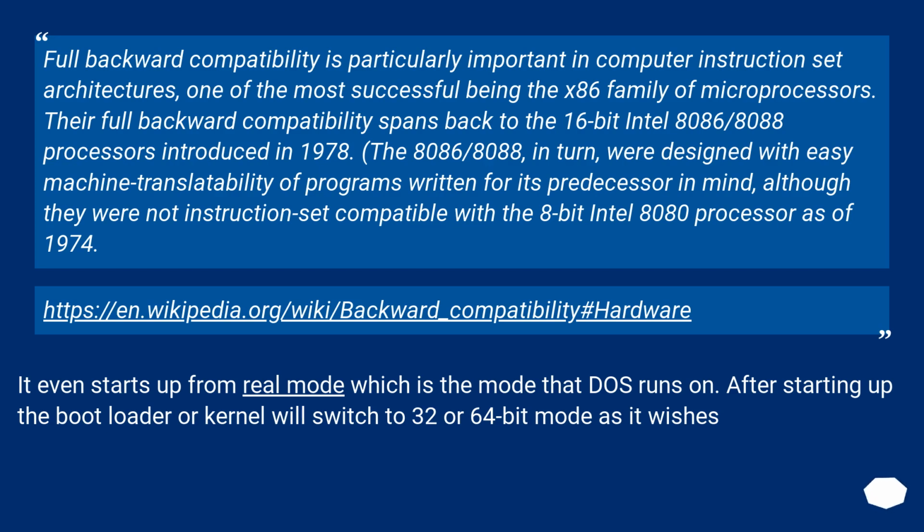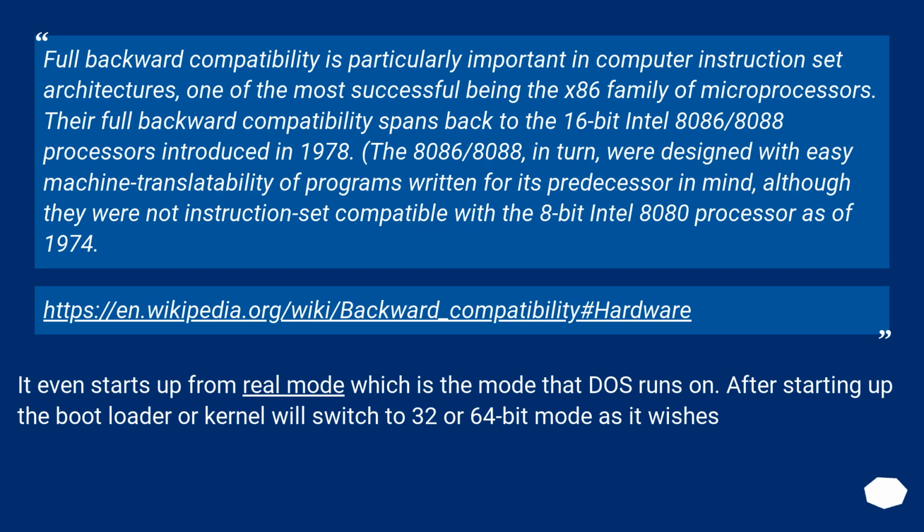Their full backward compatibility spans back to the 16-bit Intel 8086/8088 processors introduced in 1978. The 8086/8088, in turn, were designed with easy machine translatability of programs written for its predecessor in mind, although they were not instruction set compatible with the 8-bit Intel 8080 processor of 1974.